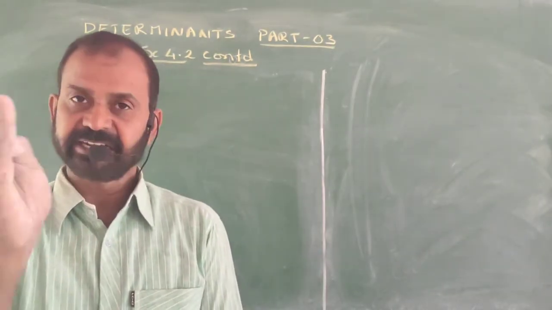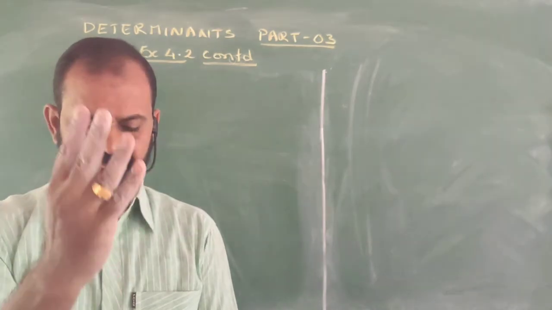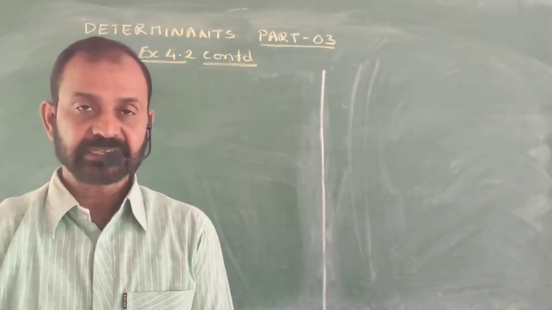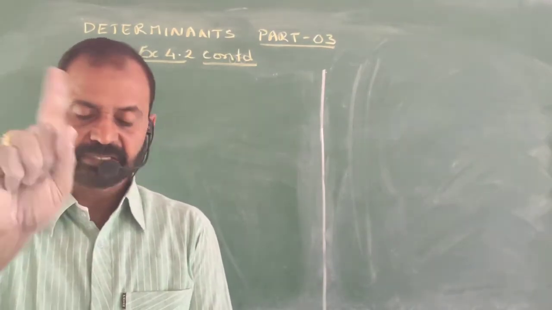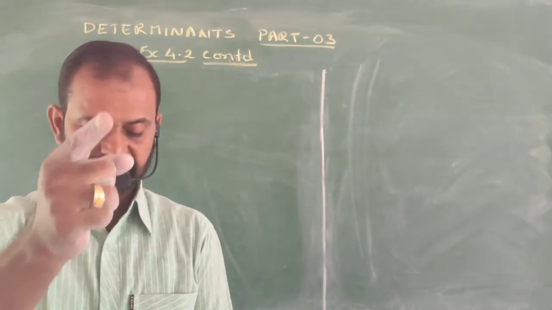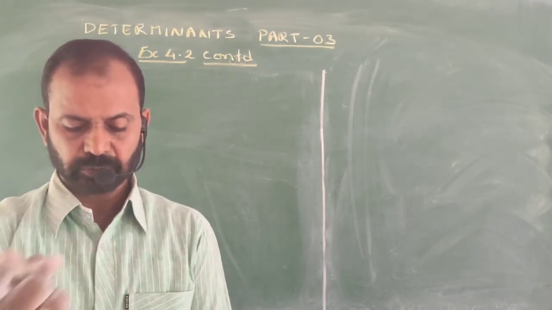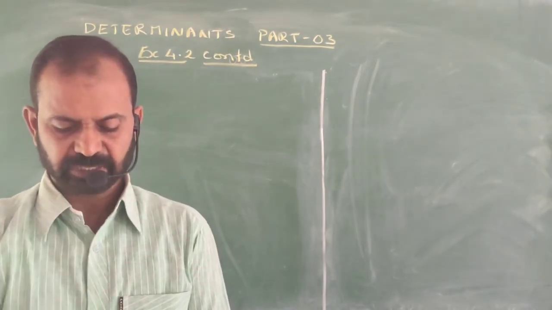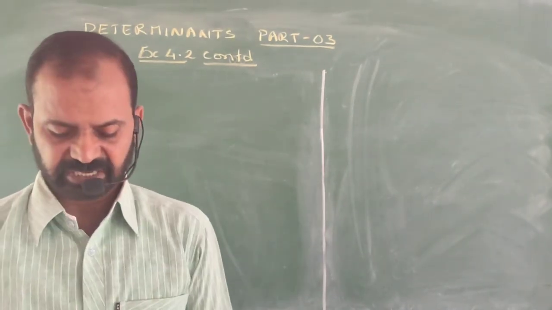Here on the right hand side it is given A minus B, B minus A, so you can apply C1 as C1 minus C2 and C2 as C2 minus C3, so that in the first row you will get 1 minus 1 is 0, and again 1 minus 1 is 0, so you will make zeros, like the first case.